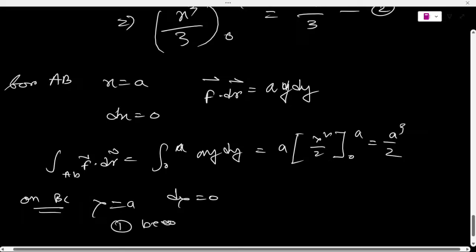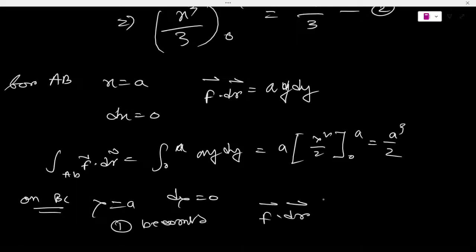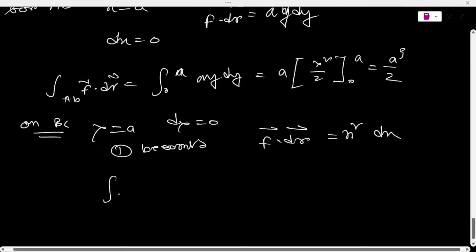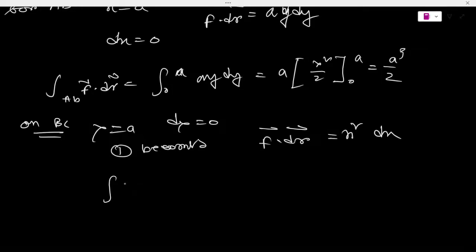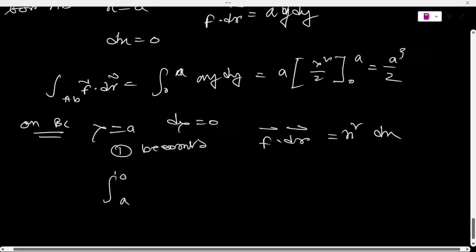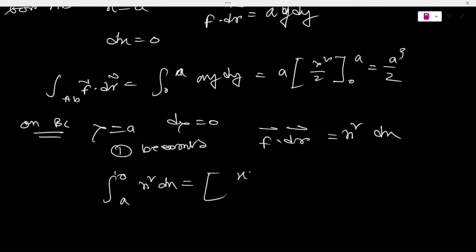So f vector dot dr is equal to x square dx. The integration will be from a to 0 of x square dx, which is x cube by 3 from a to 0, so it will be minus a cube divided by 3.